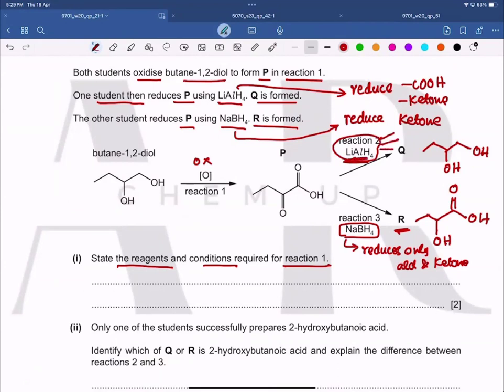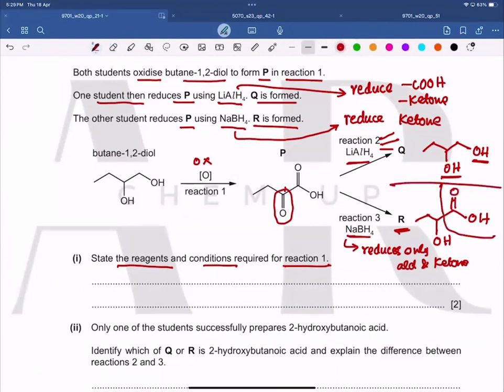So if I'm using LiAlH4 over here, it is going to reduce this carboxylic acid into alcohol, and it is also going to reduce this ketone into alcohol as well. And when we use NaBH4 over here, see the carboxylic acid stays the same. It doesn't change, and only ketone is being reduced to alcohol. Is it clear now? Okay.